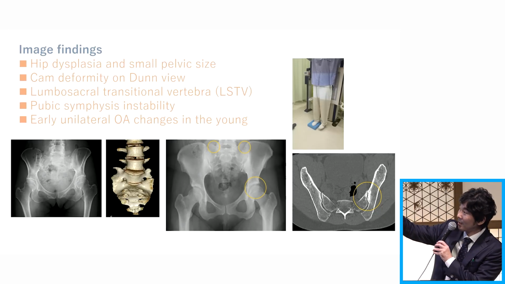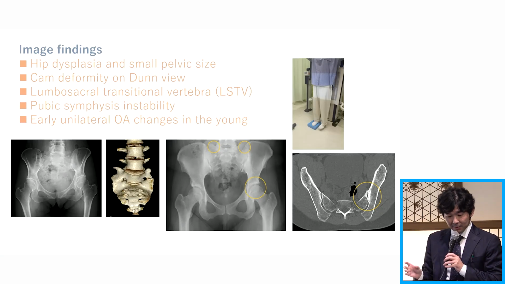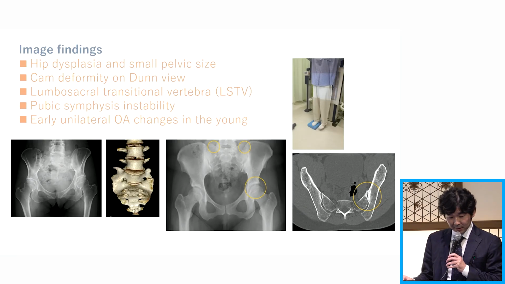The left side image shows a small pelvic size, so it may be called pelvic dysplasia, and we check the cam deformity on the Dunn view, and we check the lumbar sacral transitional vertebrae and the pubic symphysis instability. And in particular, I often pay attention to the early unilateral OA changes in young patients at the painful SIJ side.